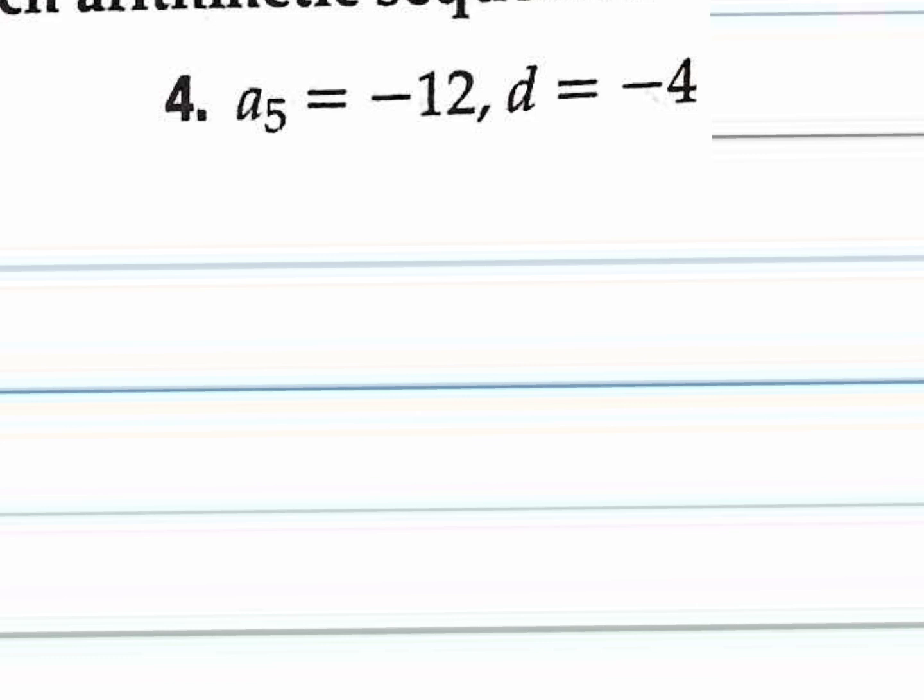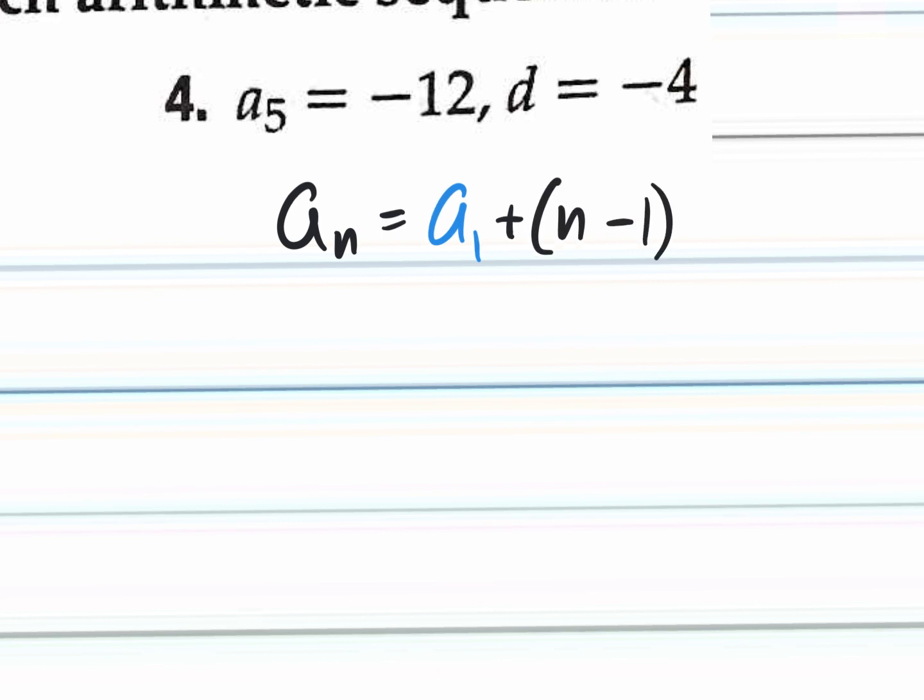So let's write down the a sub nth rule that we need to memorize. Hopefully you're already memorizing it by now. A sub n equals your first term, a sub 1. And again, on an arithmetic sequence, you add the common difference to get to the next term. So you have your first term, a sub 1, you have to add. And the formula reads n minus 1 times that common difference d on the outside.